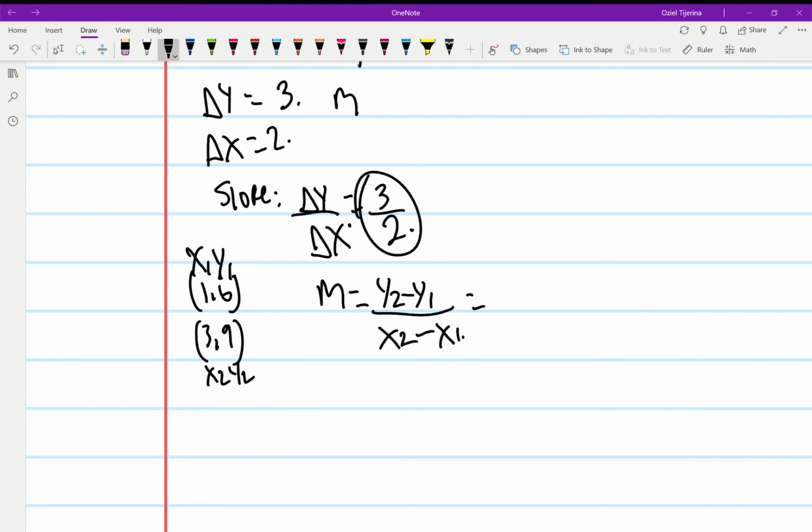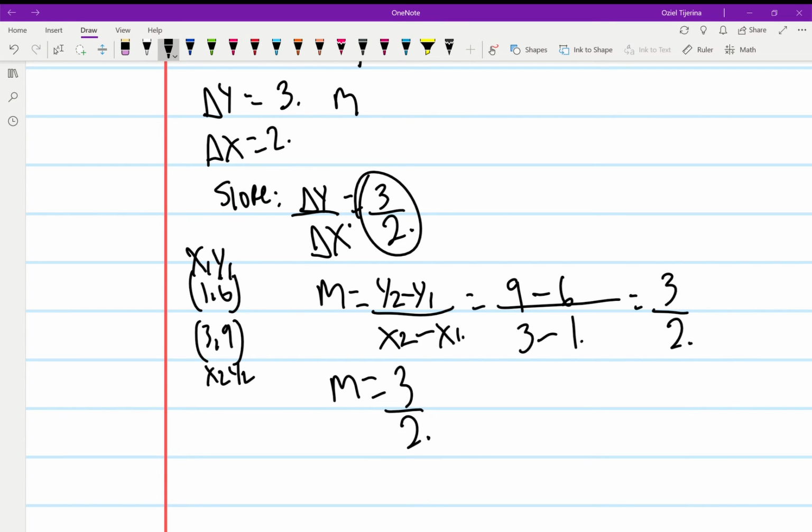So if you fill in your table, or your equation, you have y2, which is 9, minus y1, which is 6, over x2, which is 3, minus x1, which is 1. So you would get 3 over 2. So therefore m would be 3 halves. So your slope would be 3 halves.